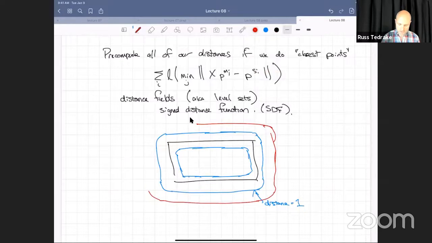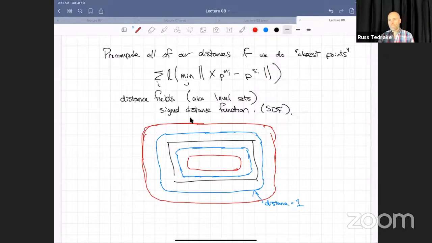And you can imagine if it's really the closest distance to any point on my mesh, then I can go through and pre-compute that entire function, right? That's my 2-level set, 3-level set.